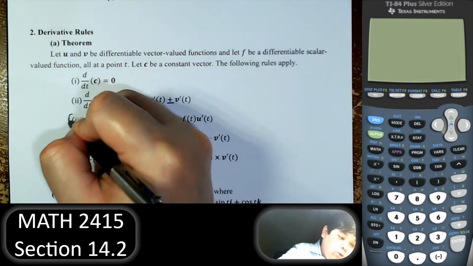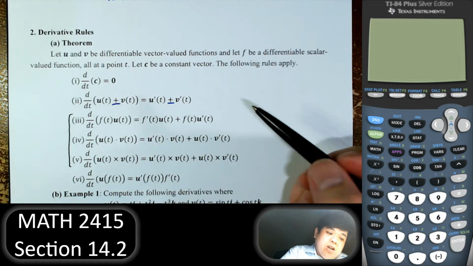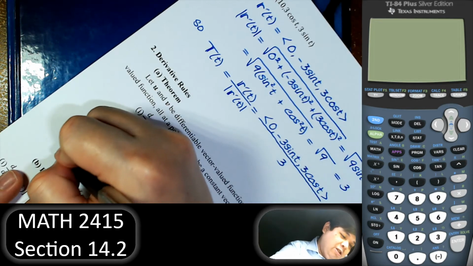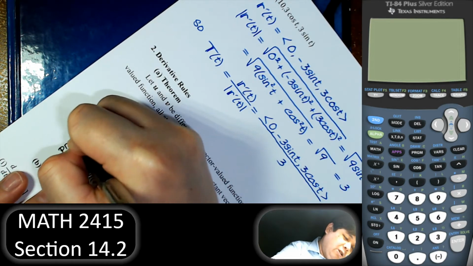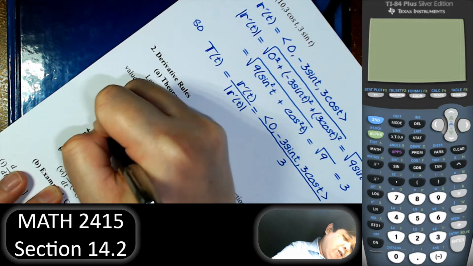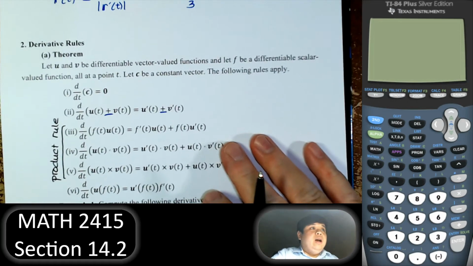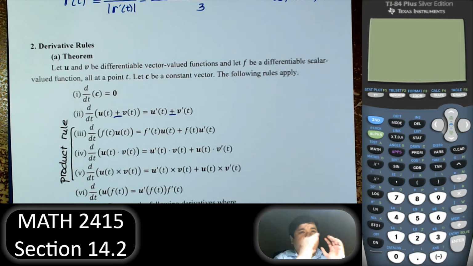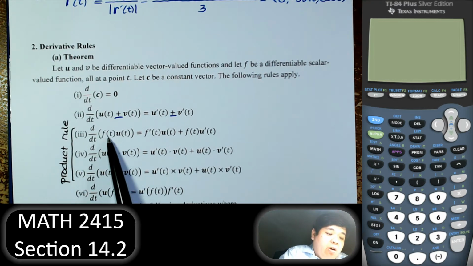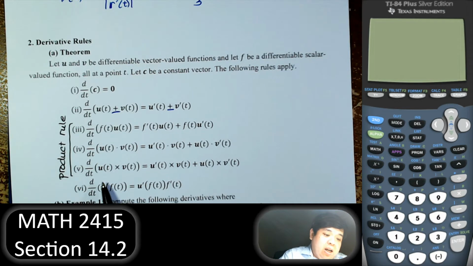The next three rules are product rules. The product rule, but with a function and a vector, there are three different products. We have the function times the vector, with nothing in the middle. We have the dot product, with a dot between two vectors, and of course the cross product.